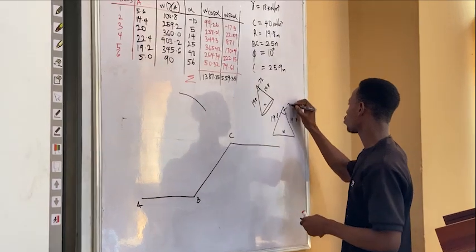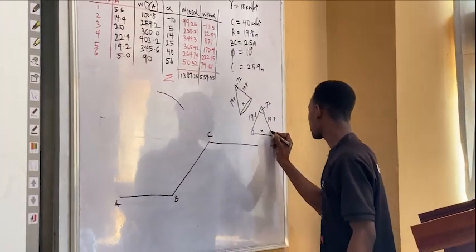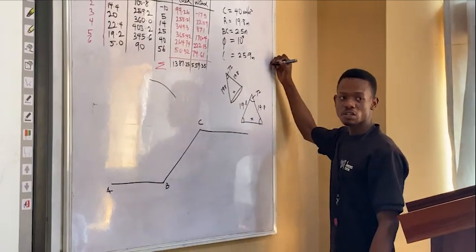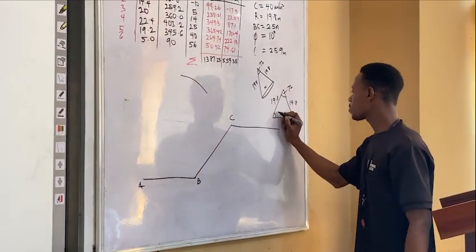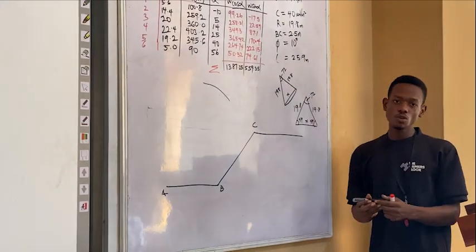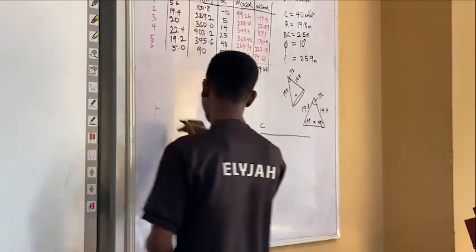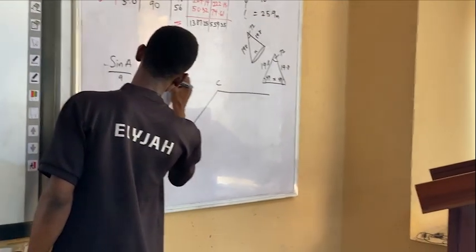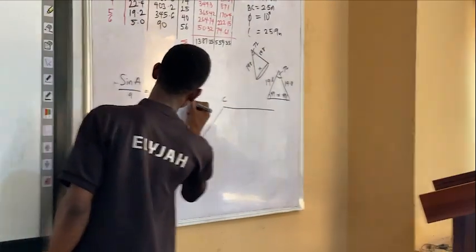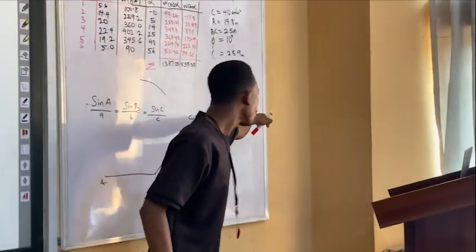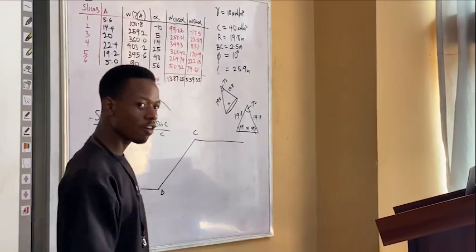We already know this angle to be 72. This place and this place must be equal because it's an isosceles triangle. So 180 minus 72, divided by 2. That means this angle is going to be 54 and this one is going to be 54. From the sine rule, sine A over a equals sine B over b equals sine C over c. We know two sides and all the angles, so we have more than enough.